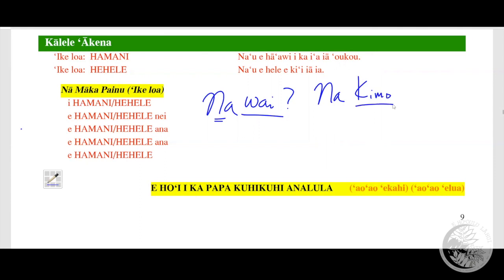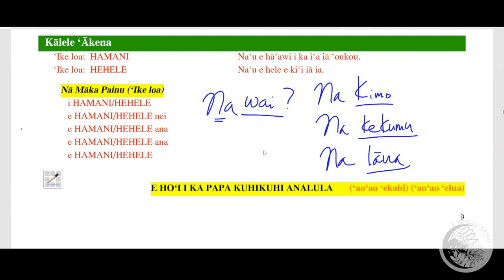Kimo is the responsible party. I might say, nā ke kumu. It's the teacher. I might say, nā lāua. It is they, or they are the ones who will be responsible for a particular action. So in reality, it's pretty easy to respond to this question.